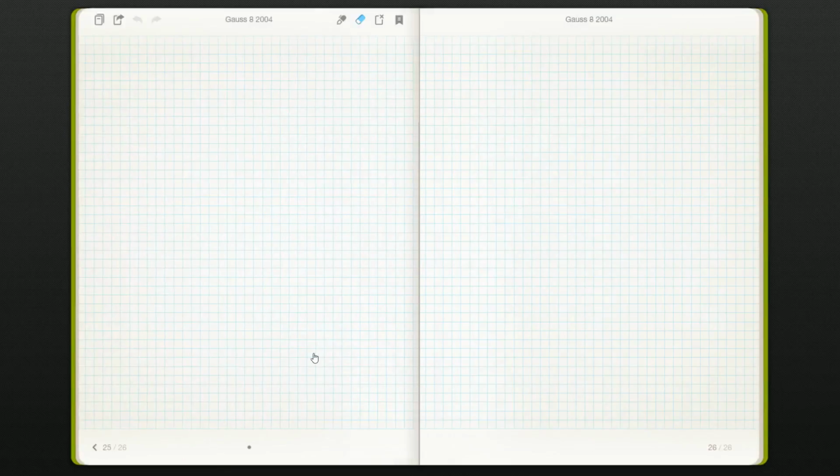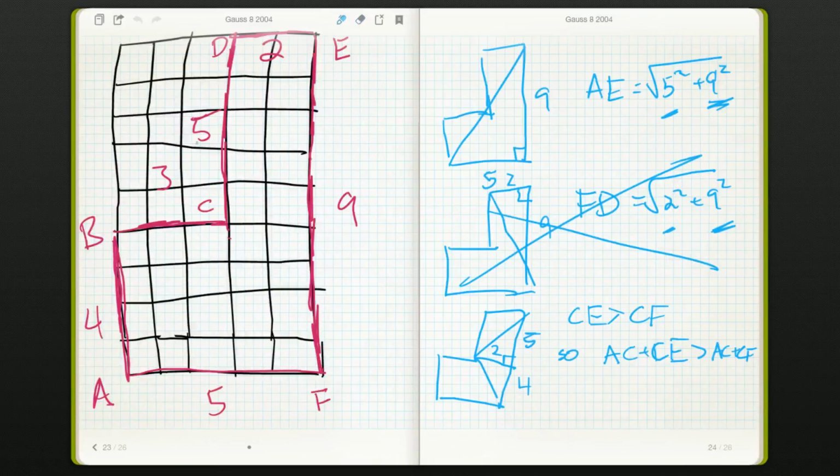I don't want to redraw the big picture, but AC and CE form an extremely thin-looking triangle with AE. By the triangle law, AC plus CE has got to be greater than AE, otherwise you wouldn't be able to form a triangle. So automatically AC plus CE is bigger than AE. We don't need to worry about that one either, so we've ruled out A.